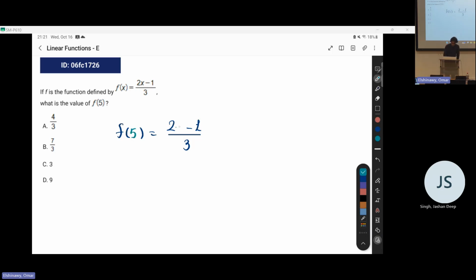I know we spent a lot of time on the 2x example. So you just remove x and put 5. So it's 2 times 5, which equals 10, 10 minus 1 is 9, 9 over 3 equals 3. Exactly. So that's not too difficult. That's just plugging in values.